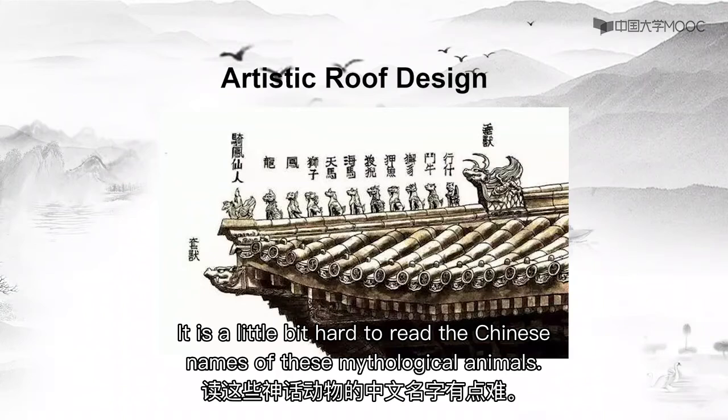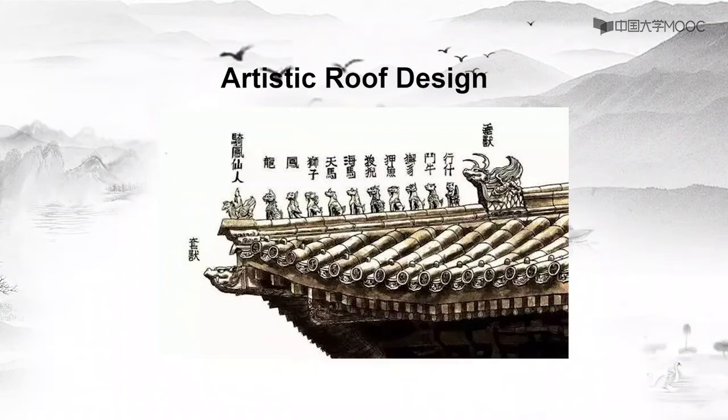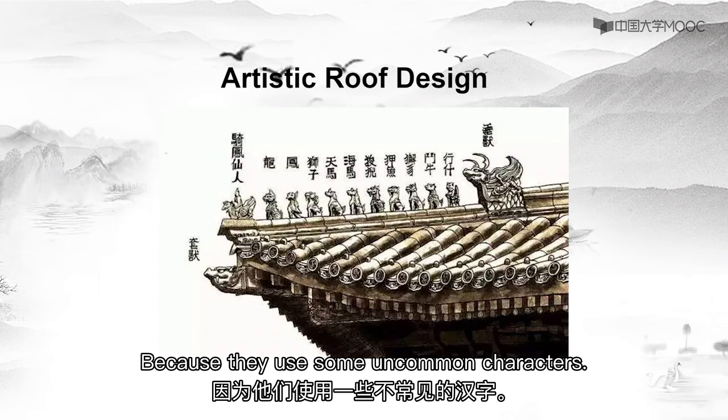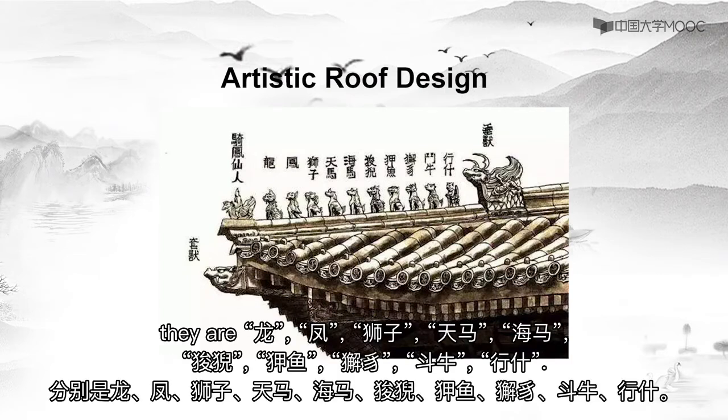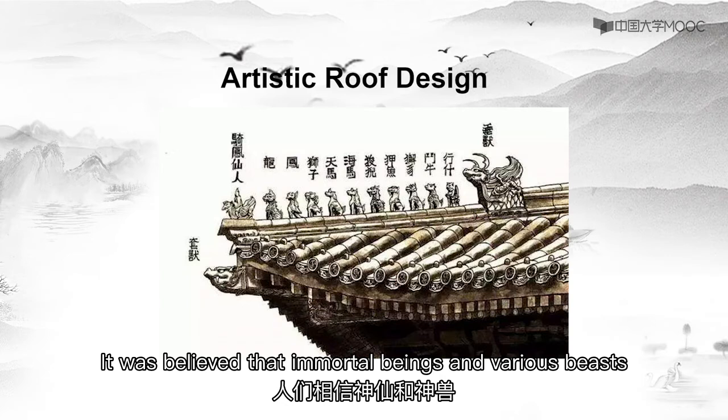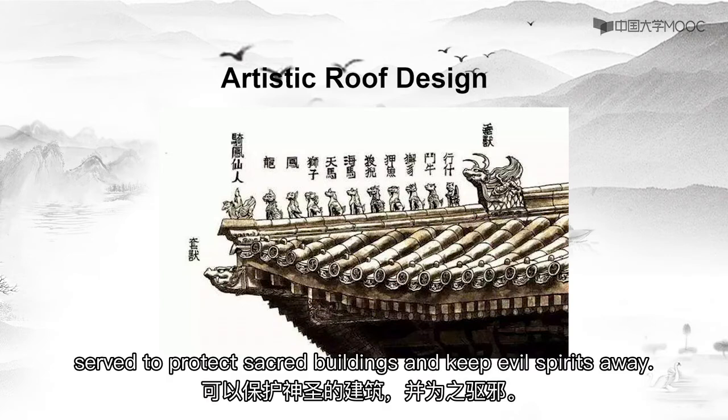It is a little bit hard to read the Chinese names of these mythological animals because they use some uncommon characters. From left to right, they are 龙、凤、狮子、天马、海马、酸泥、侠鱼、蟹豸、斗牛、恒石. It was believed that immortal beings and various beasts serve to protect secret buildings and keep evil spirits away.